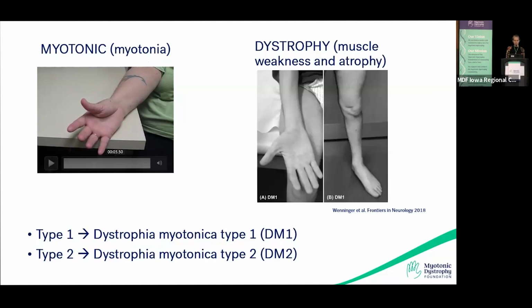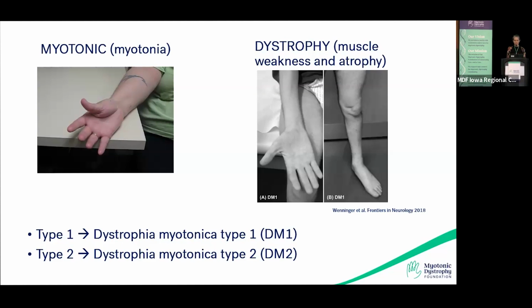In these photos, you can see loss of muscle bulk throughout the forearm as well as down within the leg. There's two types. We're talking about type 1, which the old term is dystrophia myotonica type 1, DM1, and then type 2 is dystrophia myotonia type 2.